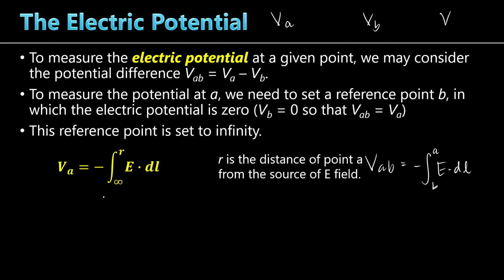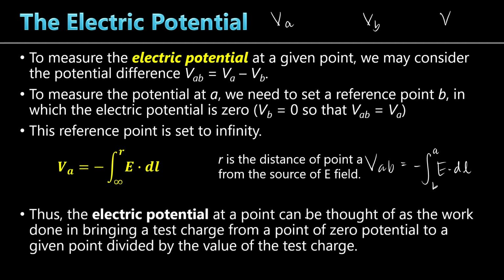Ano? Paano natin ngayon i-interpret yung electric potential at a point? The electric potential at a point can be thought of as the work done. Diba? Remember, the potential difference is the work done per unit charge. Okay. Dito, ganun pa rin. No? Work done per unit charge pa rin. Pero yung test charge ay na-move mula sa isang point kung saan zero yung electric potential, no?